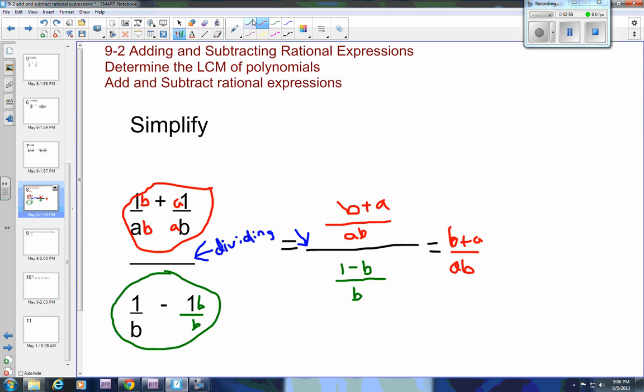I'm going to change my division to multiplication, and then I'm going to flip my bottom one, so it's copy dot flip, or change the division to multiplication and multiply by the reciprocal if you want the layman's terms or the technical terms.